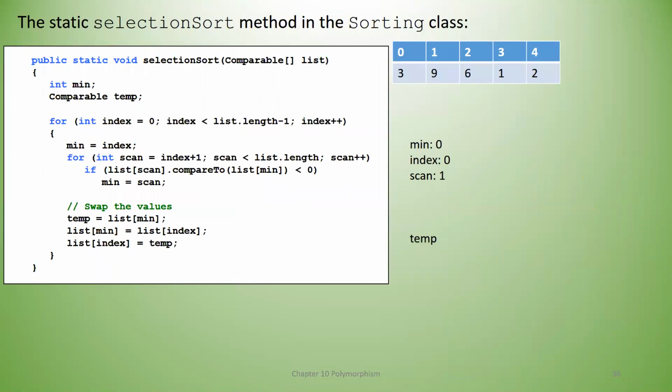Okay. Now let's look at this selection sort method. Because you know the algorithm already: the algorithm is to find the smallest element and place it in position 0, then find the next smallest and place it in position 1, etc. So this is how it's translated into code.